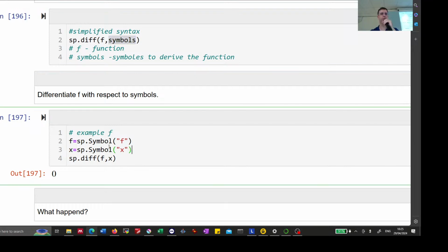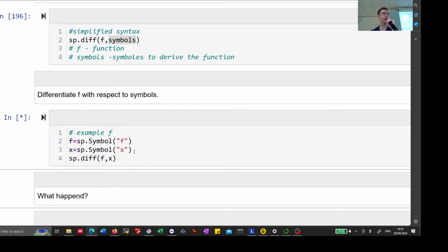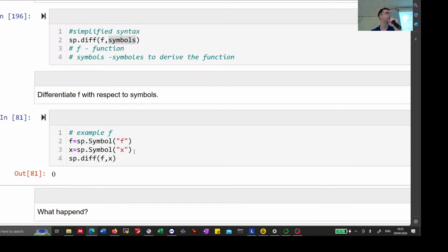We have here SymPy symbol f and SymPy symbol x. So we have f and we take the derivative with respect to x. What should we get? 0. Is this correct or wrong? Well, it's correct because here f is just a symbol.